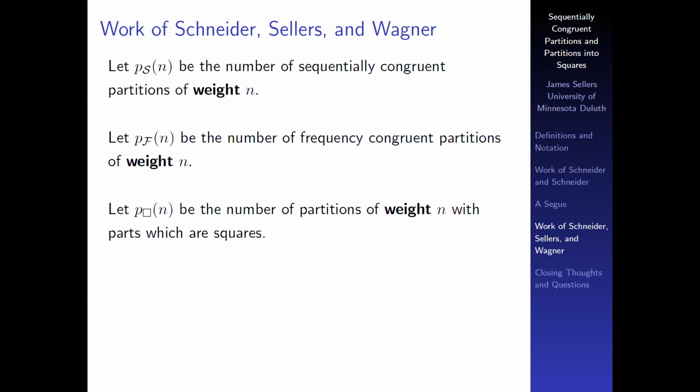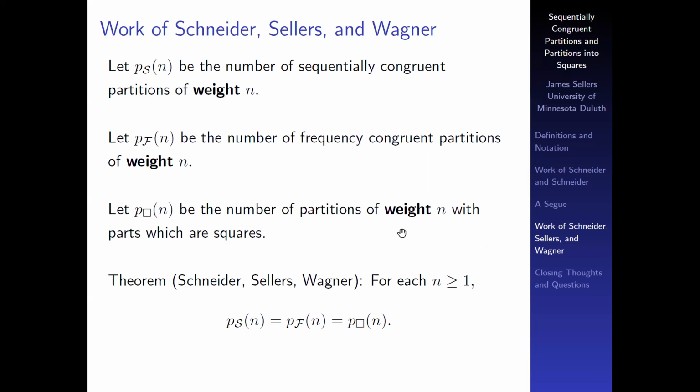So we restrict very heavily the parts that are allowed in p sub square of n. And it turns out that for each n greater than or equal to 1, all three of these functions are equal to each other for the same weight n. This is a really cool result, and it's really fun to see this p sub square function showing up.